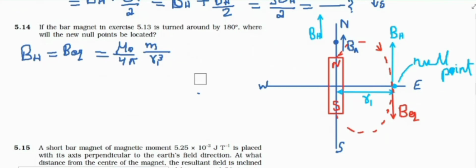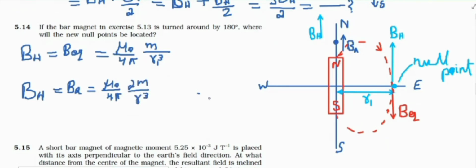If we think about the previous question, we got BH is equal to B axial for a distance of 14 centimeter, because we have the same magnetic field, everything is the same. So B axial is equal to mu naught by 4 pi, 2m upon R cube, where R is 14 centimeter.